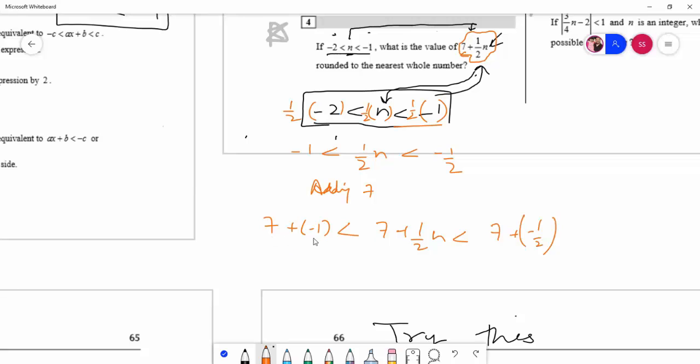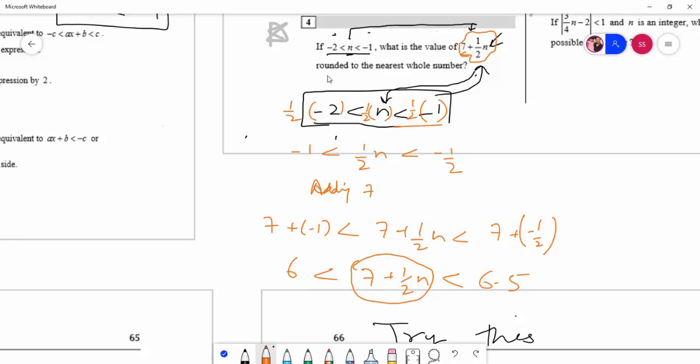So this will be 7 plus -1 is 6, is less than 7 plus half of n, that is less than, how much is 7 minus 1/2? 6.5. 6.5. So this is in between 6 and 6.5.